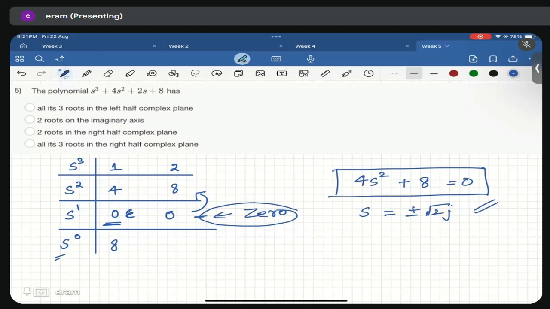And what about the other one? Let's suppose this is P(s); we have to write dP(s) by ds, we have to differentiate it with respect to s. Then what will we get? 8s, right? So instead of 0 we will write 8.